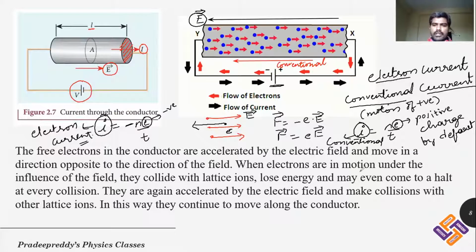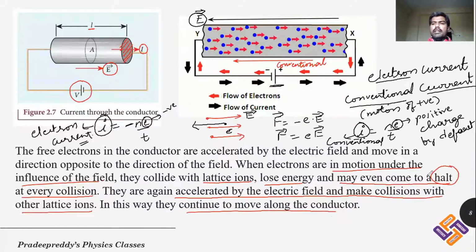And when these electrons are in motion, they collide with ions and they lose energy and may even come to halt. Halt in the sense they may even come to rest position. At every collision, it may come to rest position. So they are again accelerated by electric field and make collisions with other lattice ions. In this way, they continue to move along the conductor.